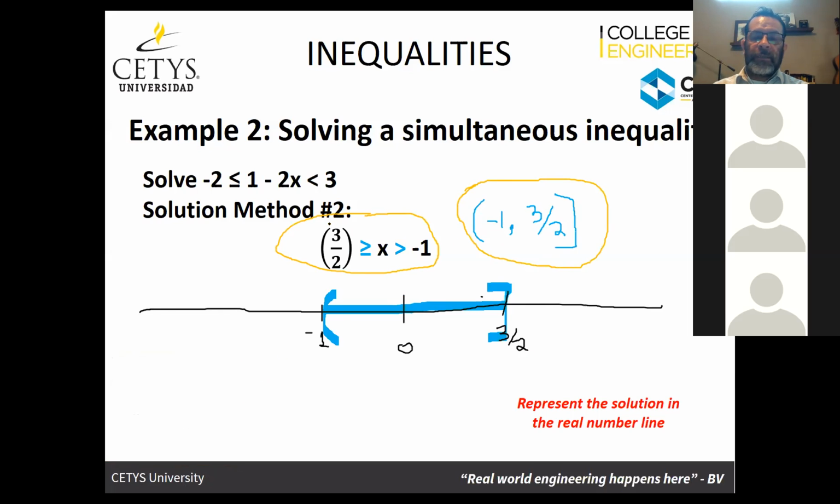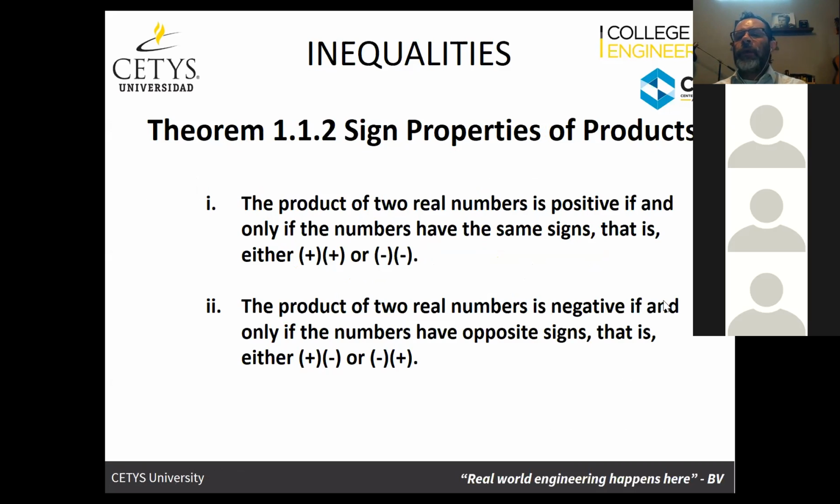And this one on the bottom would be number 3, which is representing it on the number line. Now, questions up to this point with these 2 examples before we move along? No? Okay. Good. So let's see what we've got now.